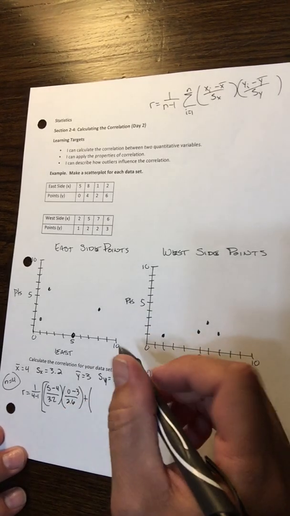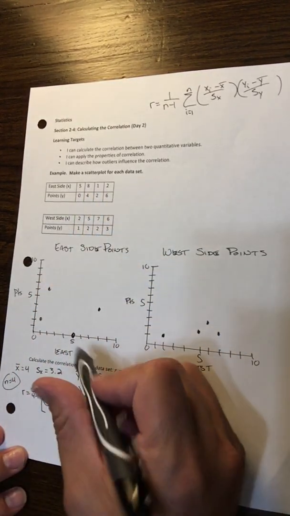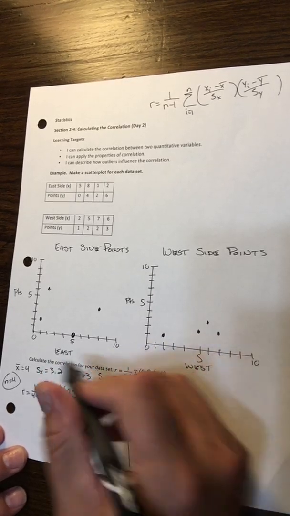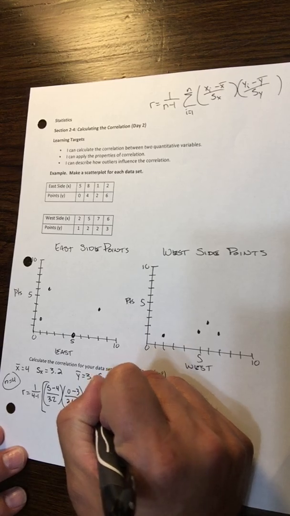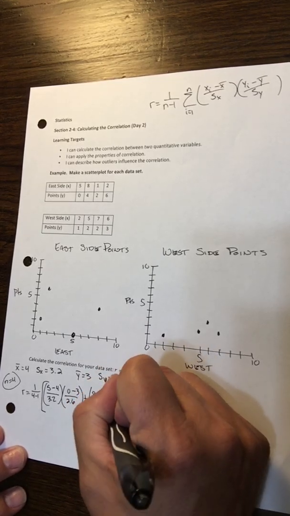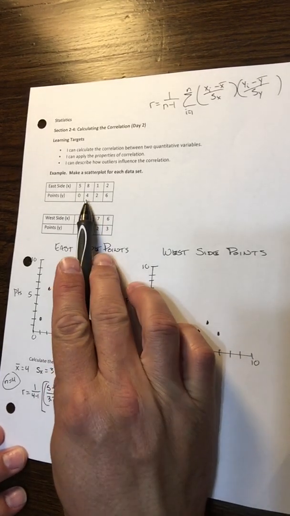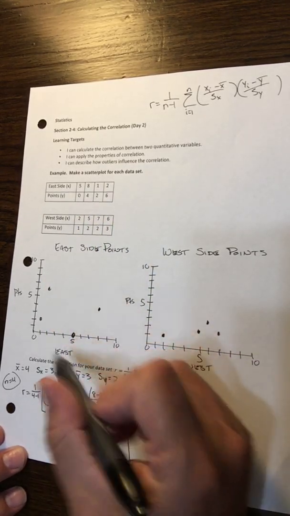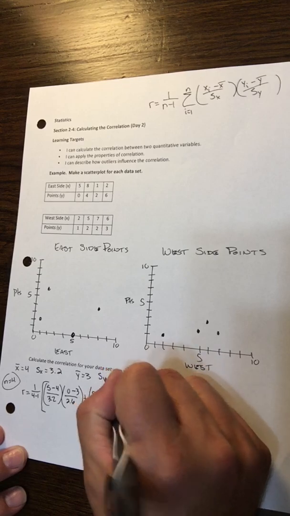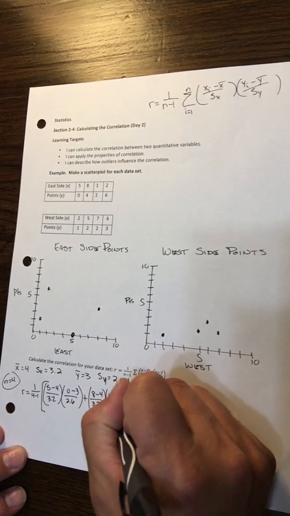Let's get my second one in here. That's the point (8, 4). So I'm going to go 8 minus the mean of the x's, which is 4, over the standard deviation of the x's, which is 3.2. Then I'm going to multiply that times my y value for that point, which is 4, so it would be 4 minus the mean of the y's, which is 3, over the standard deviation of the y's, which is 2.6.